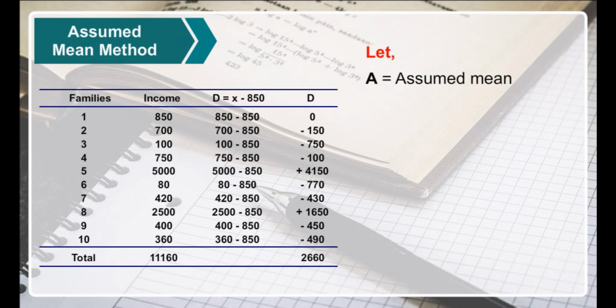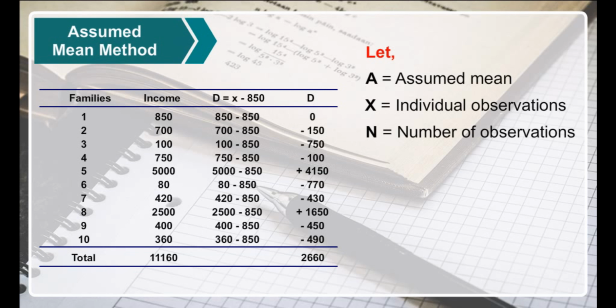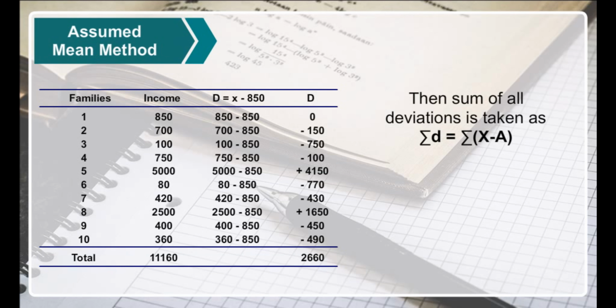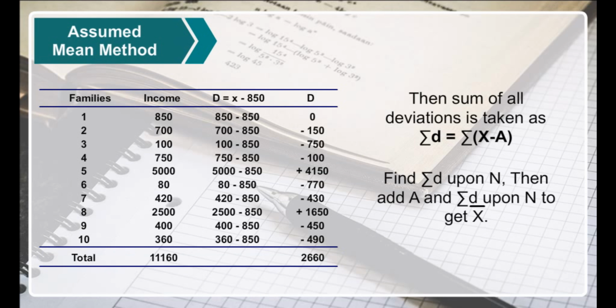Let A equal assumed mean, x equal individual observations, n equal number of observations, d equal deviation of individual observations from assumed mean, that is d equals x minus A. Then the sum of all deviations is summation d equals summation x minus A. Find summation d upon n.